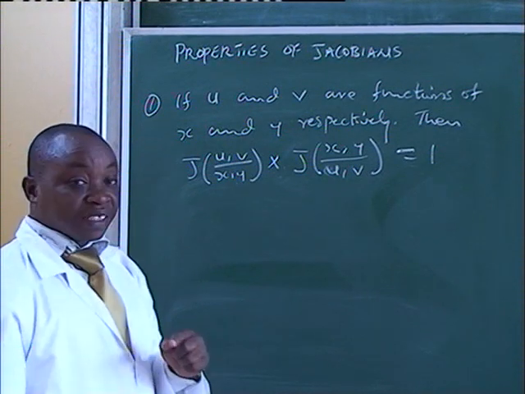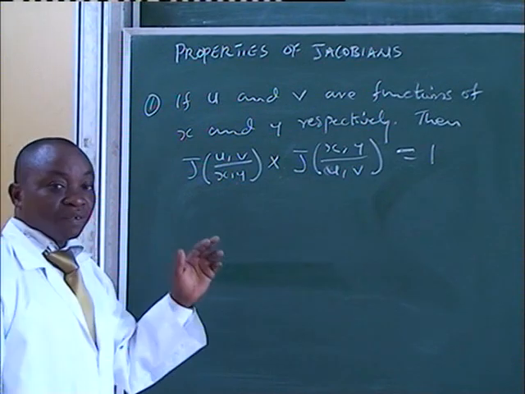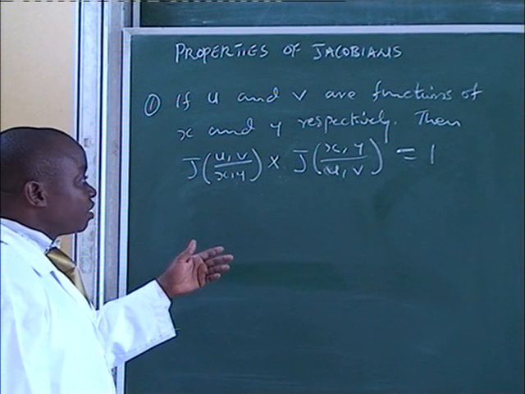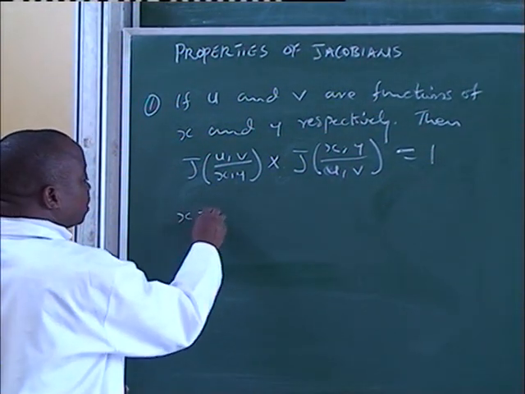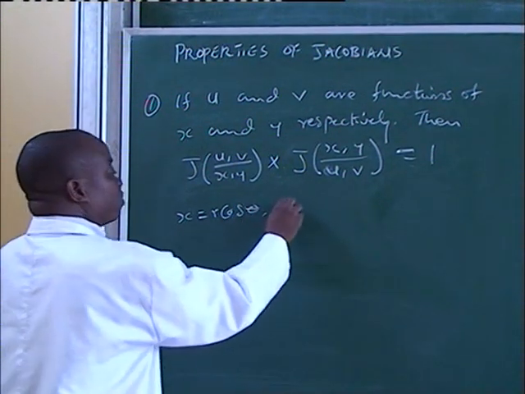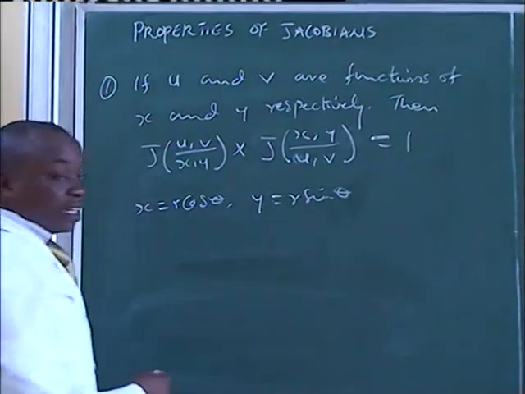And we are going to take an example of this. The Jacobian that we finished before now, where we said that x is equal to r cos theta, and y is equal to r sin theta.